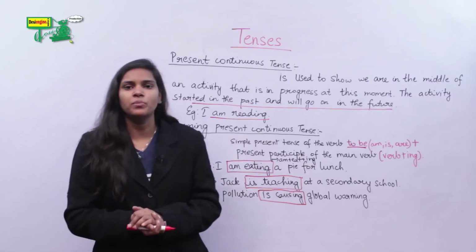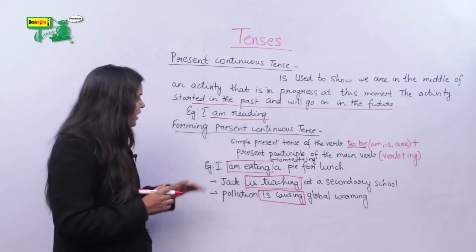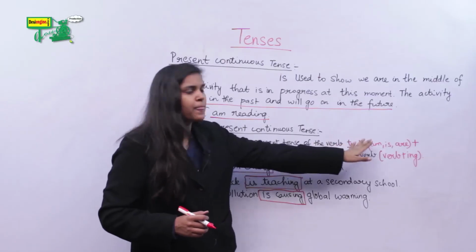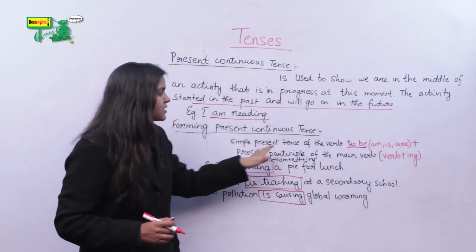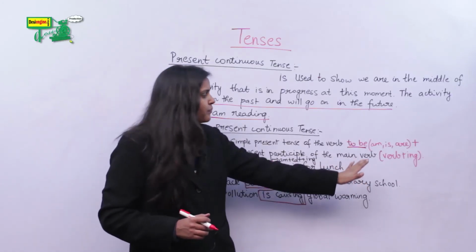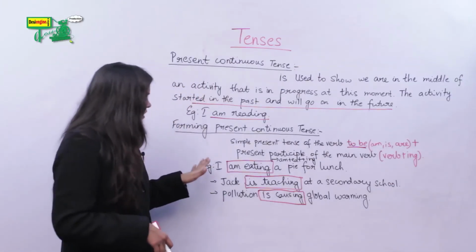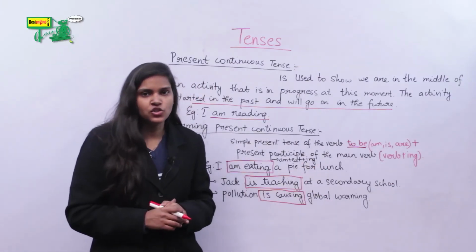How do you form present continuous tense? Present continuous tense is formed by adding the simple present tense of the verb to be, that is am, is, are, plus present participle of the main verb, that is the main verb plus ing. For example, I am eating a pie for lunch.